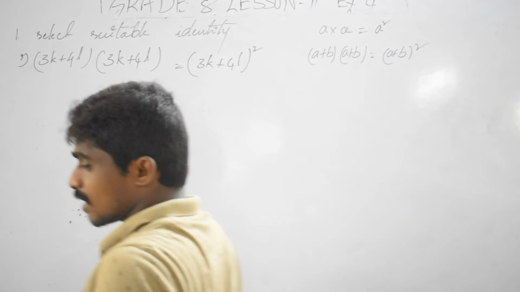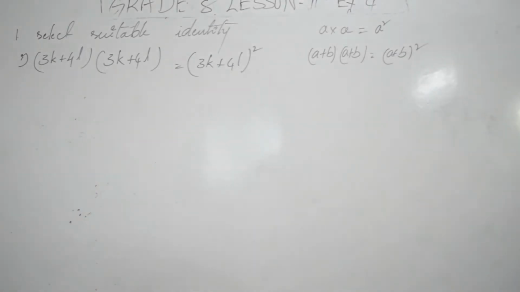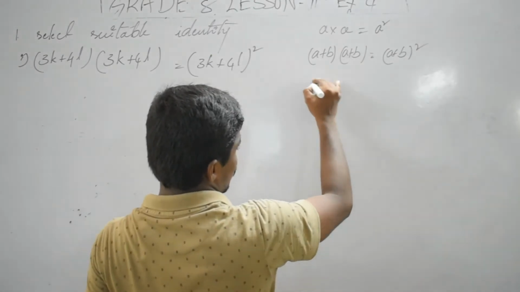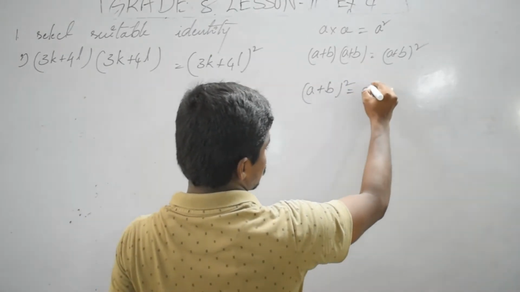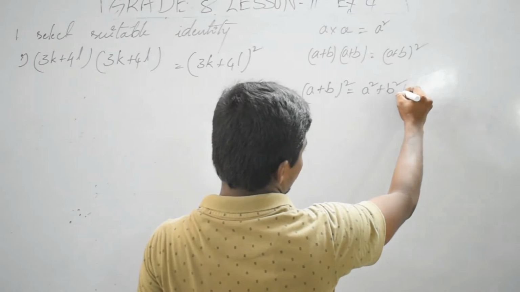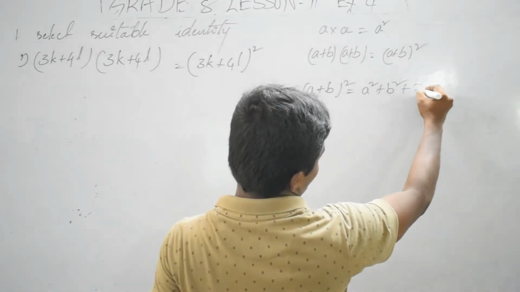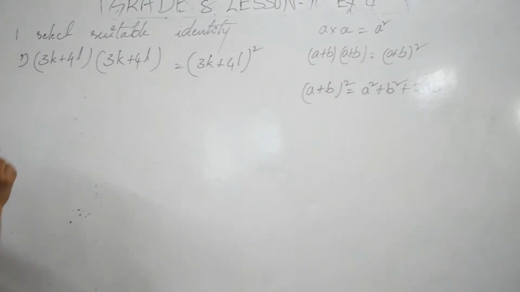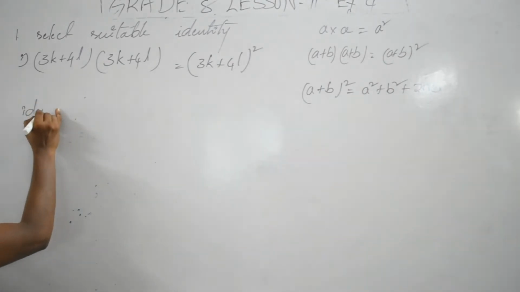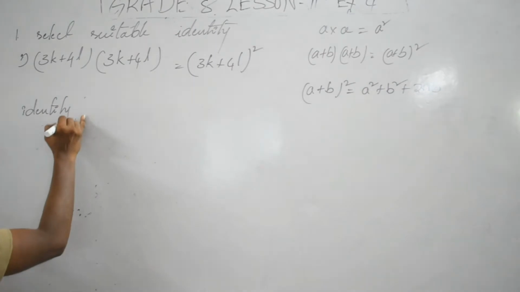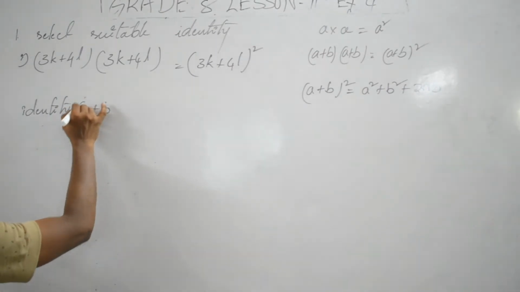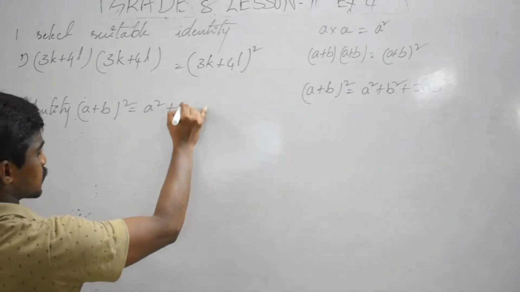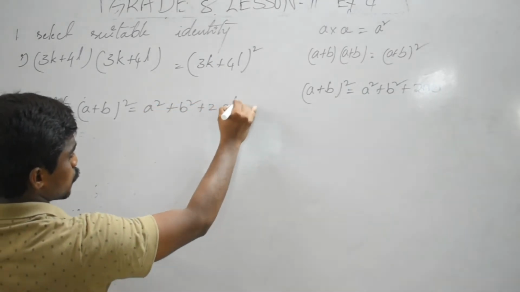So that is the identity, the (a plus b) whole square identity. What? (a plus b) whole square is a square plus b square plus 2ab. They are asking for the identity only. So the identity: (a plus b) whole square is equal to a square plus b square plus 2ab.